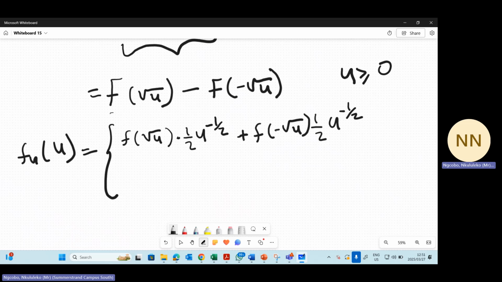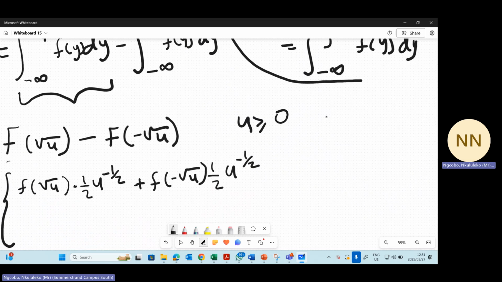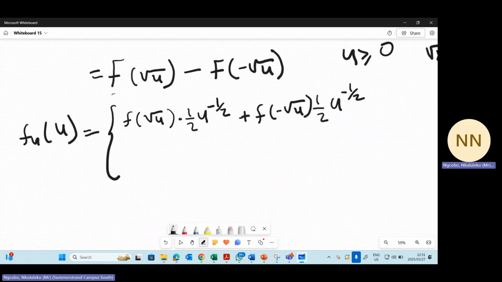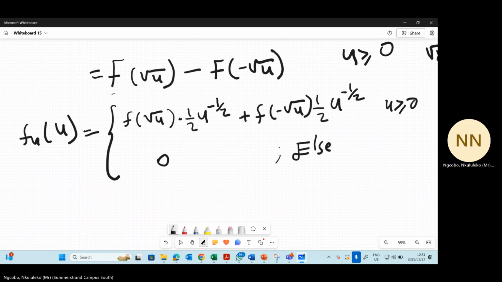Maybe let me also say the square root of x is the same as x raised to a half. So this is a density function where u needs to be greater than 0, because if u is not greater than 0, this will be undefined, and 0 elsewhere.